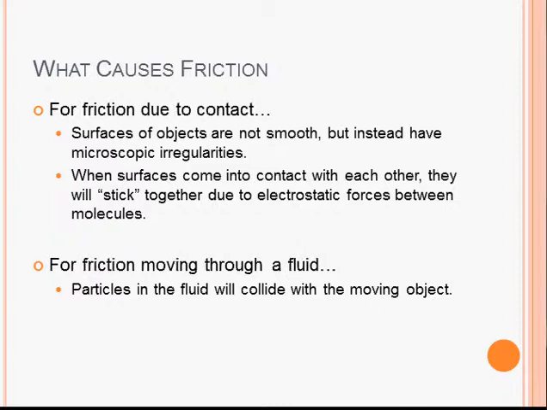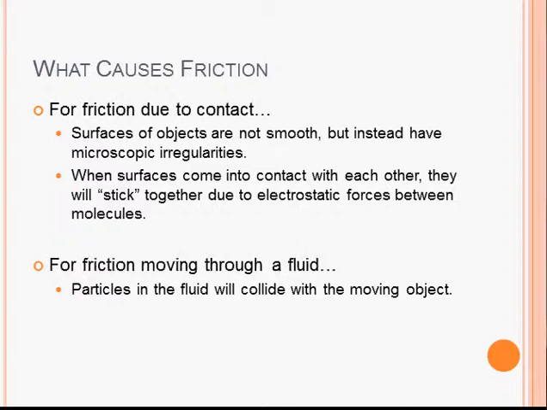There's electrostatic forces between them. They're going to grab onto each other and hold on, but then as it moves, they break apart as well. That's what causes friction. It's just molecules momentarily binding together and letting go. Think of it as two mountain ranges moving across each other, or think of a zipper. It basically grabs on and lets go. So that's what causes friction in terms of just contact.